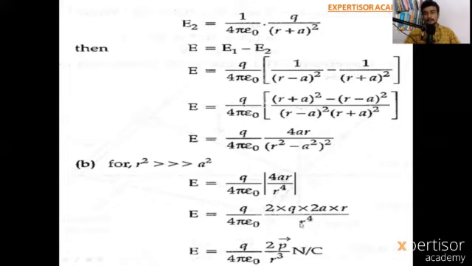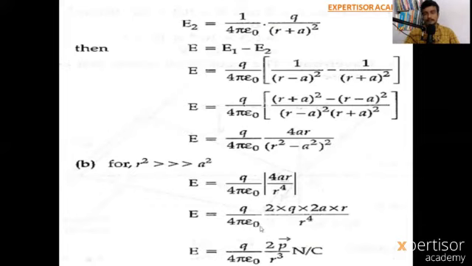So R power 4 and R cancel, the remaining one is R cube. We know the electric dipole equation P is equal to Q into 2A. Separate this term to get these terms. Here Q into 2A is equal to the electric dipole, so enter here, this is the electric dipole P. So this is the final result of the electric field due to an electric dipole at a point on the axial line.